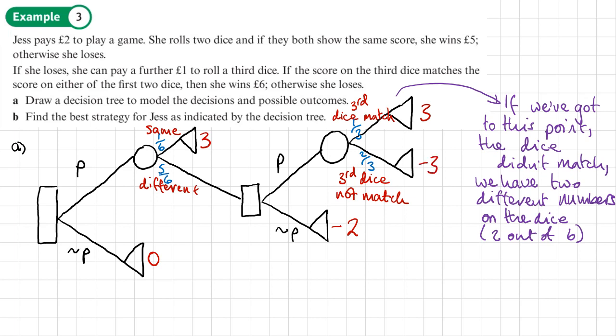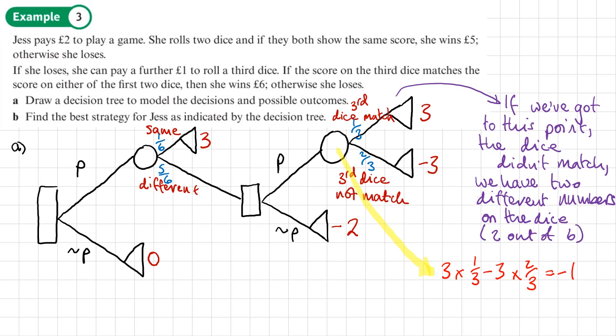Okay, so now I can work out the EMV, expected monetary value, for this box here. I'll just do a highlighted line down here to show my working. And that working is going to be 3 times a third minus 3 times 2/3. We work that out, we get -1.